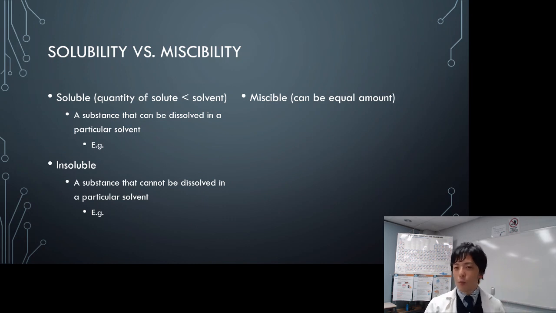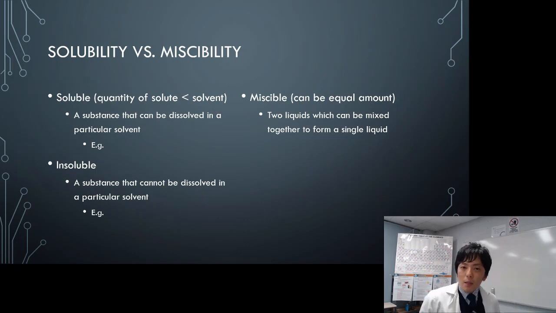That's more to do with solubility. What does miscible mean? Two liquids which can be mixed together to form a single liquid. So picture something like cordial or alcohol. I just gave you a bit of an example, didn't I? Come up with your own.